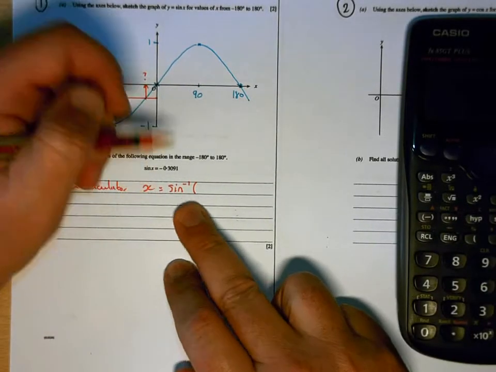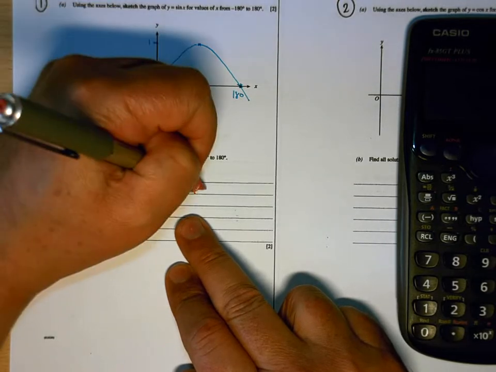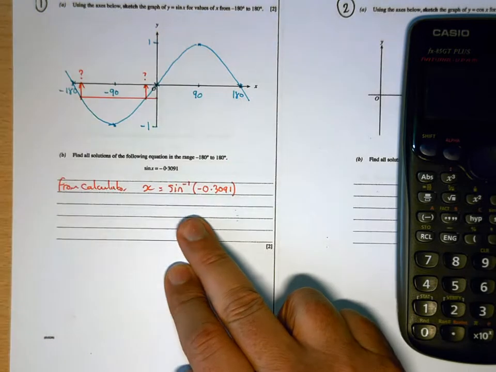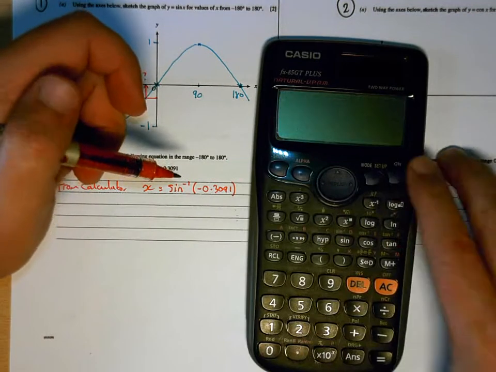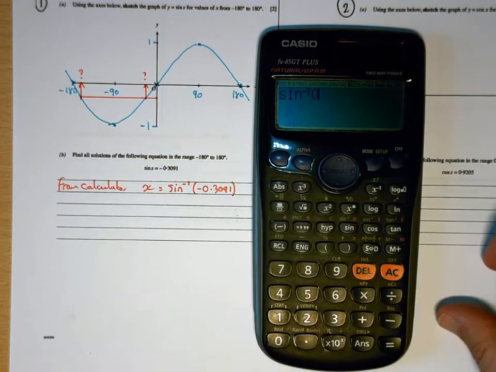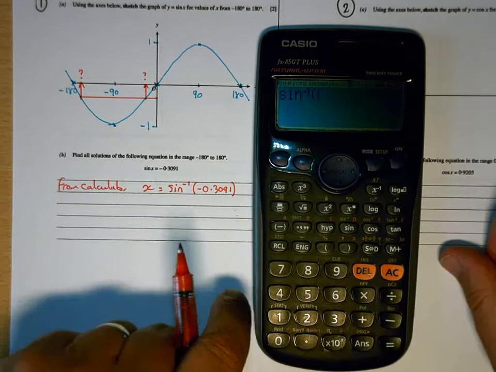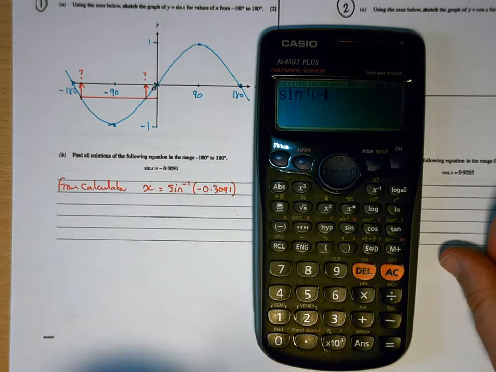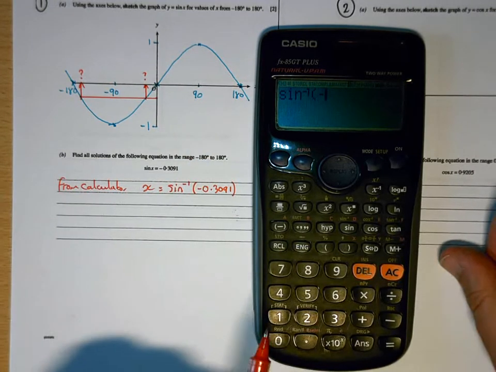So on your calculator, you're going to do inverse sine of minus 0.3091. So here we go, on our calculator, shift sine, sine -1, which is what you see there. Now it's a negative, not a take away, so we use the negative button there.